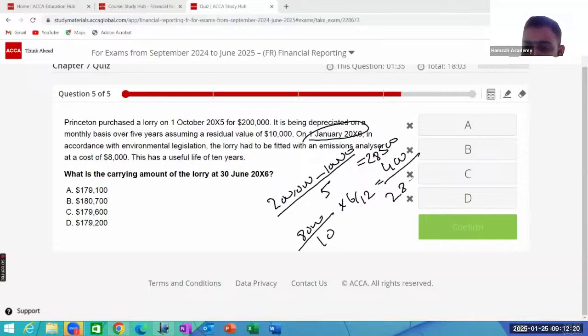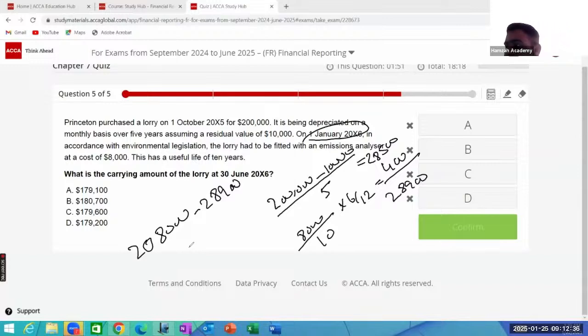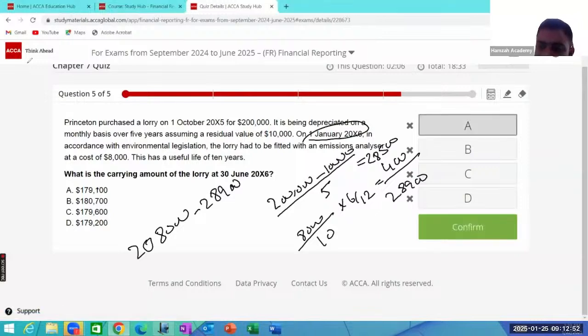So total depreciation will be 28,900. And the cost of the lorry is now 208,000 minus 28,900. And your answer will be option A, 179,100.